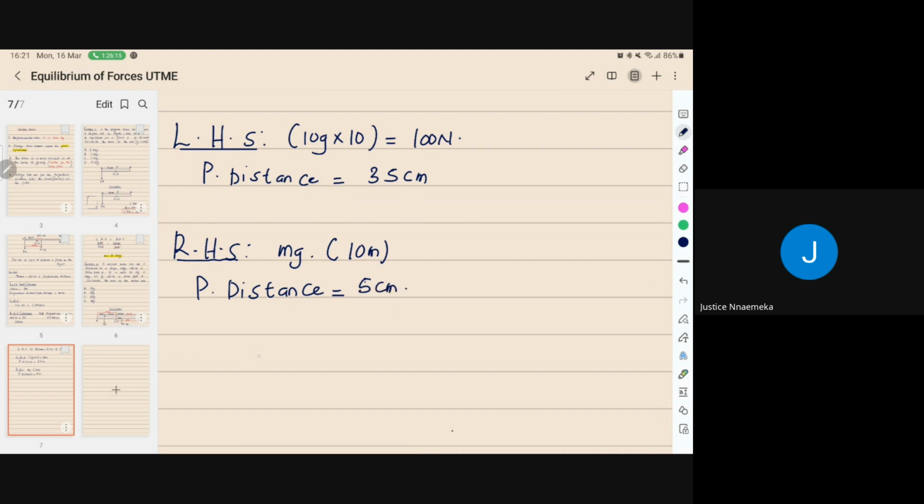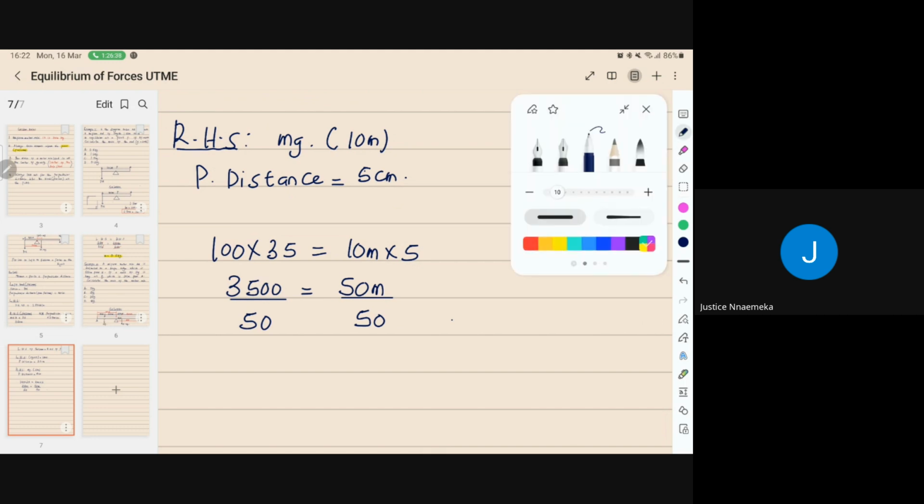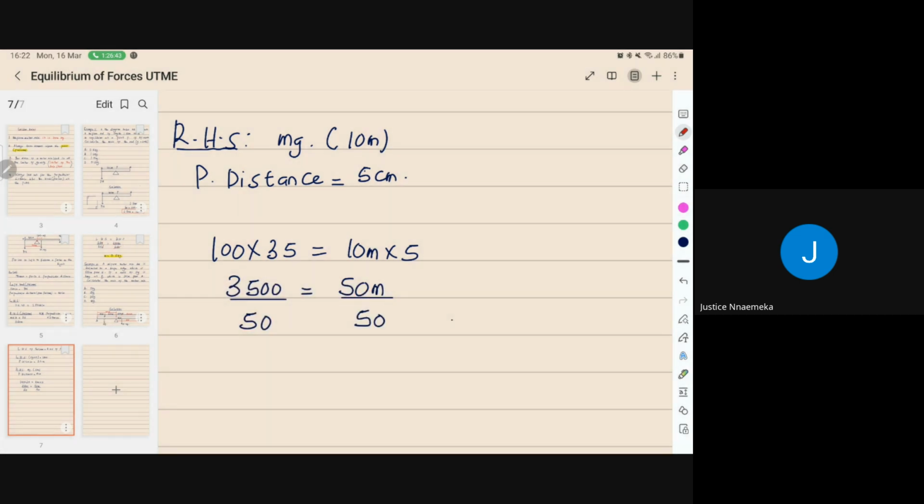Therefore we have that 100 on the left hand side multiplied by 35 is equal to 10m multiplied by your 5. So this will give us 3,500. 3,500 is equal to 50m. So we're going to divide both sides by 50. When we do, 50 will cancel 50, 0 will cancel 0, 5 here is 1, 5 into 35 is 7.